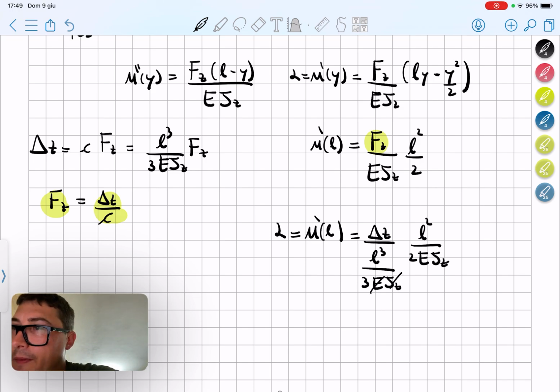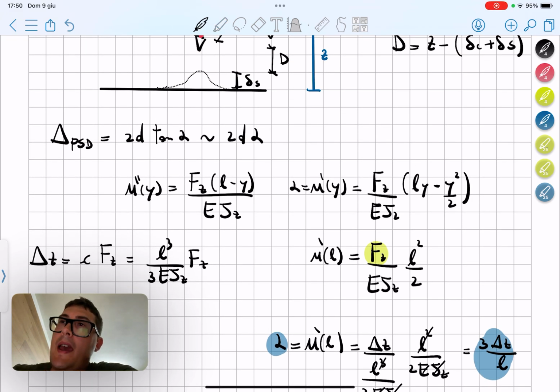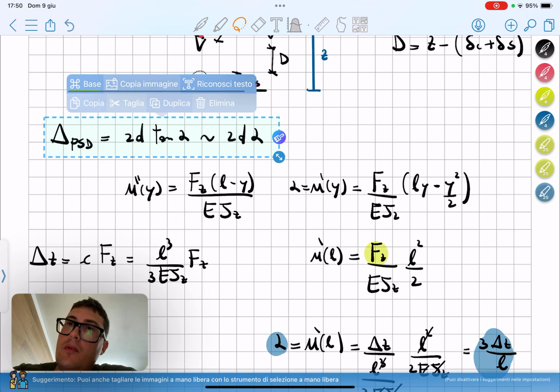So this one simplifies, becoming 3 delta z over L. And this is alpha. So we go back to this equation.